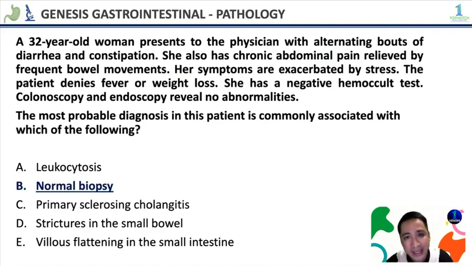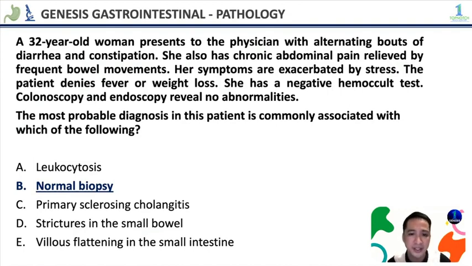And a biopsy in irritable bowel syndrome, if you can recall in pathology, it shows normal structures. Irritable bowel syndrome is a functional gastrointestinal disorder characterized by abdominal pain and altered bowel habits in the absence of an organic cause.